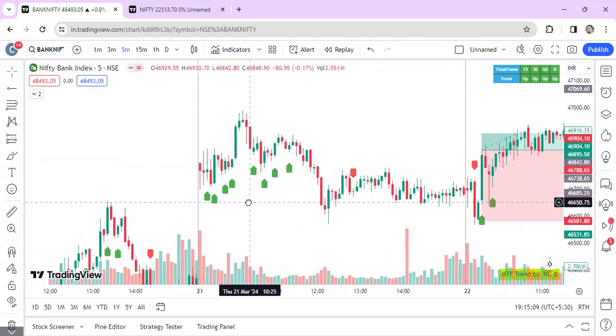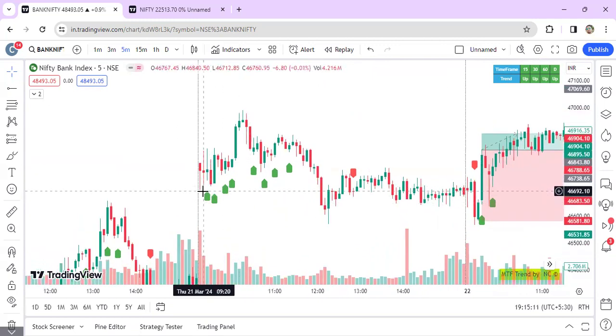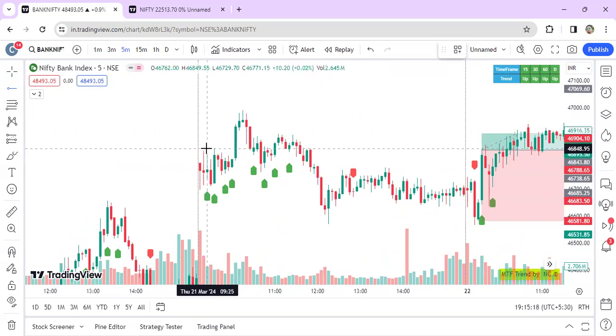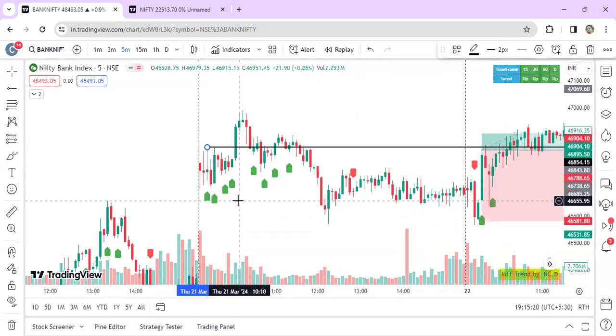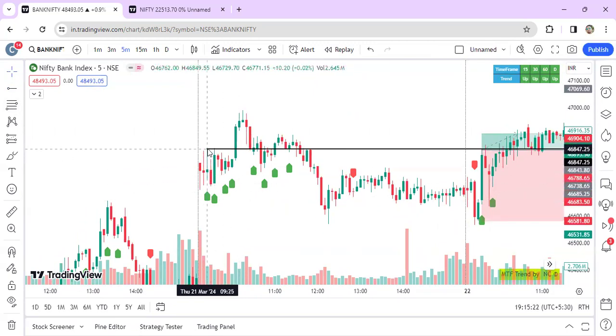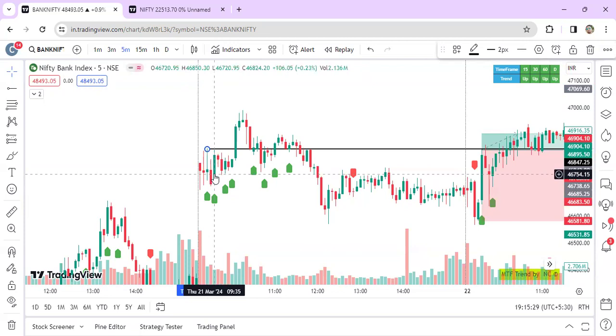Let's see the previous day examples again. Here we are getting this as our reference candle, and whenever the high is breached, so what is the high of this candle? It is 46,849.55, and this is 46,850.